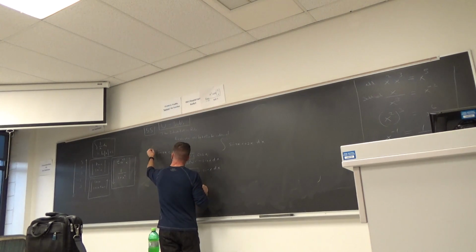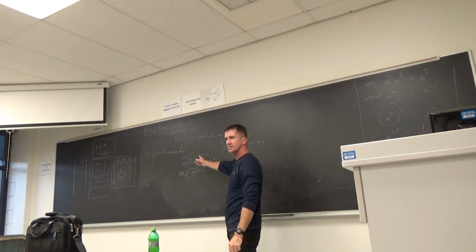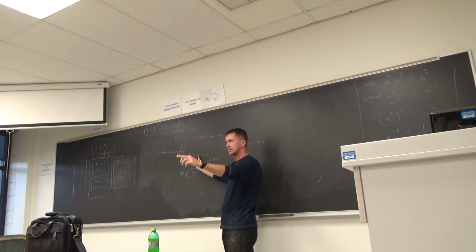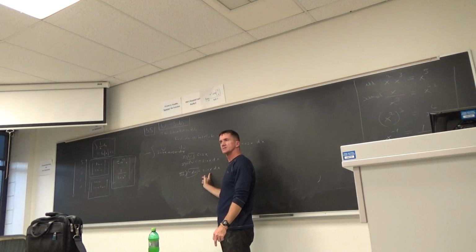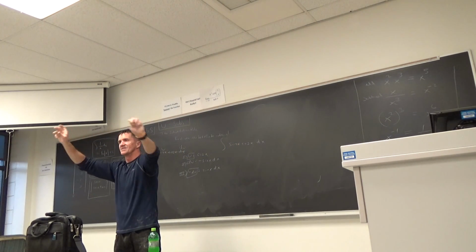Negative u du. See? u is cos. Negative u is the sin x dx. If you have to use colored pencils to knock things out, use them.